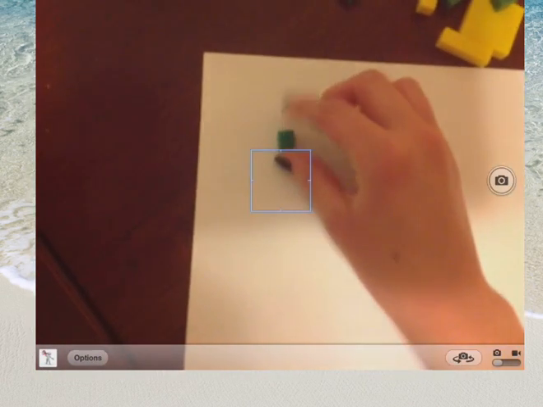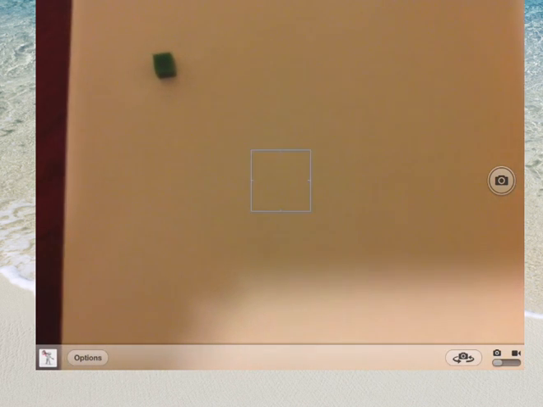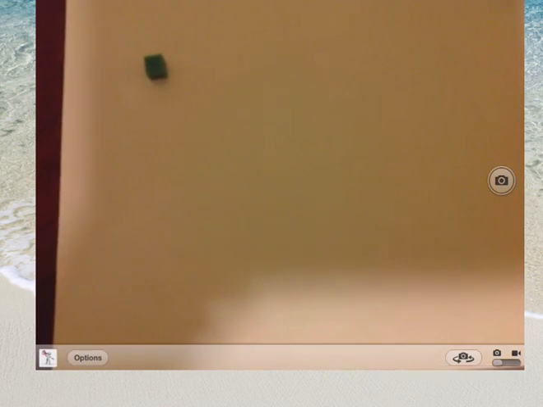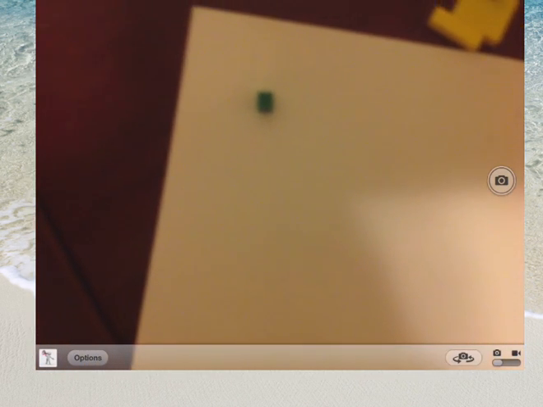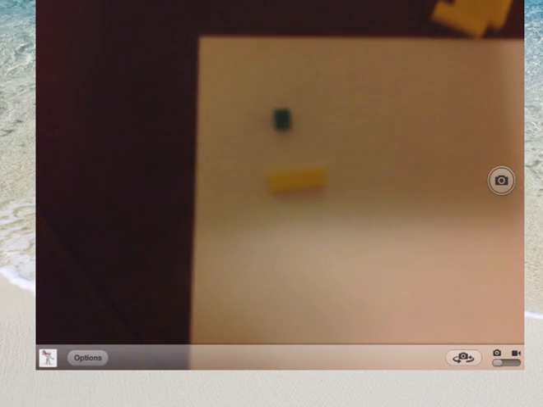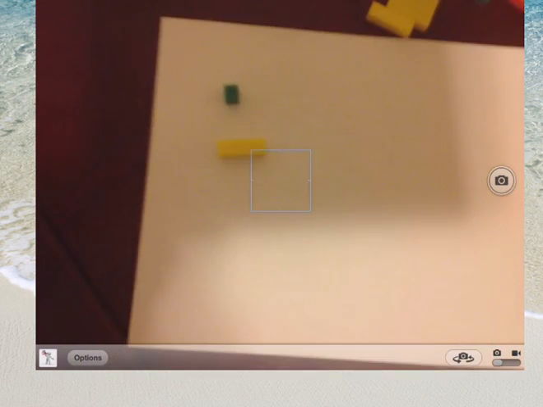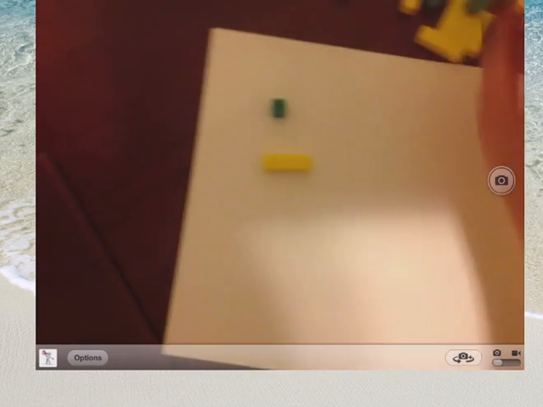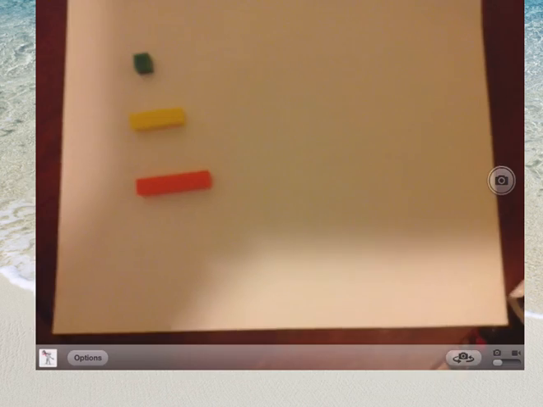Before we start, let's just really quickly review the different kinds of blocks we have. So remember, we first learned about this green block. Remember, that represents 1. So whenever we're representing regular numbers, we're going to use that green block. Remember that this yellow stick actually represents x. Okay? And then the orange stick represents y. So those are our two variables.